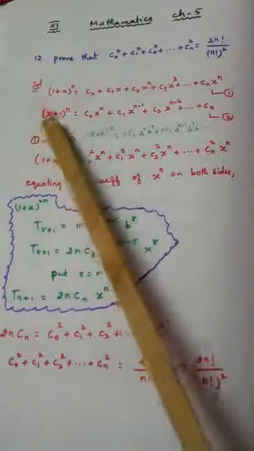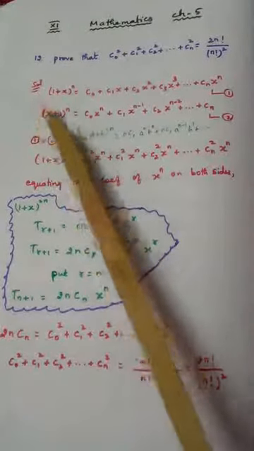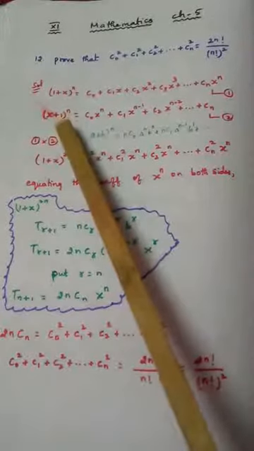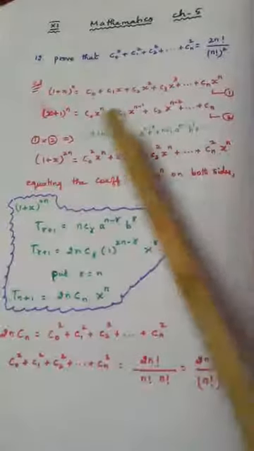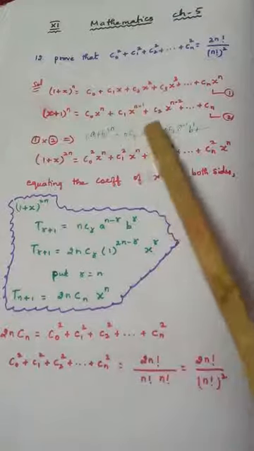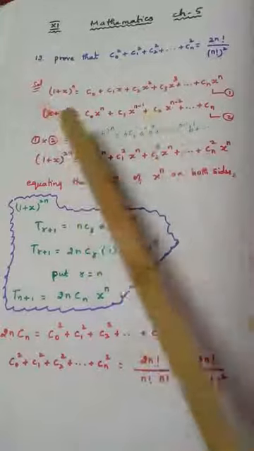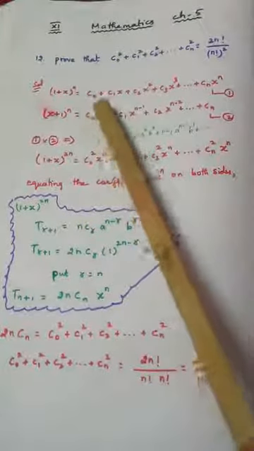In the same way, you just compare this and this. What is a? x. What is b? 1. So if I substitute in this formula, nc0 is shortly written as c0, a power n which means x power n, b power 0, 1 power 0, which is 1. So only x power n will come.